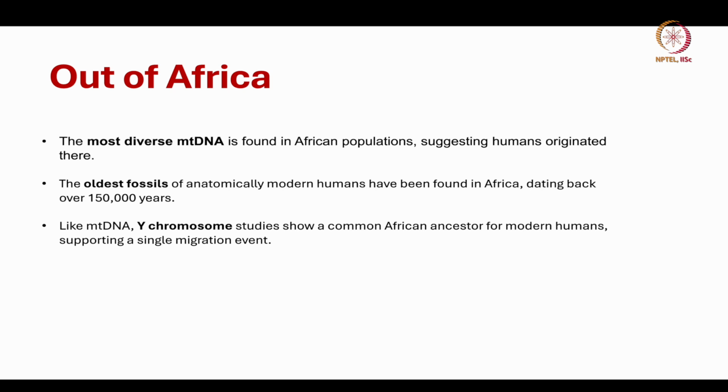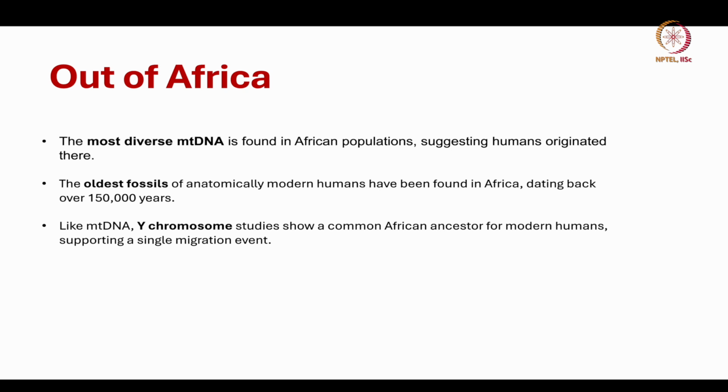The first is that the most diverse mitochondrial DNA is found in African populations, suggesting that humans originated there, right? And the oldest fossils of anatomically modern humans, Homo sapiens, have also been found in Africa, dating back to over 150,000 years ago.